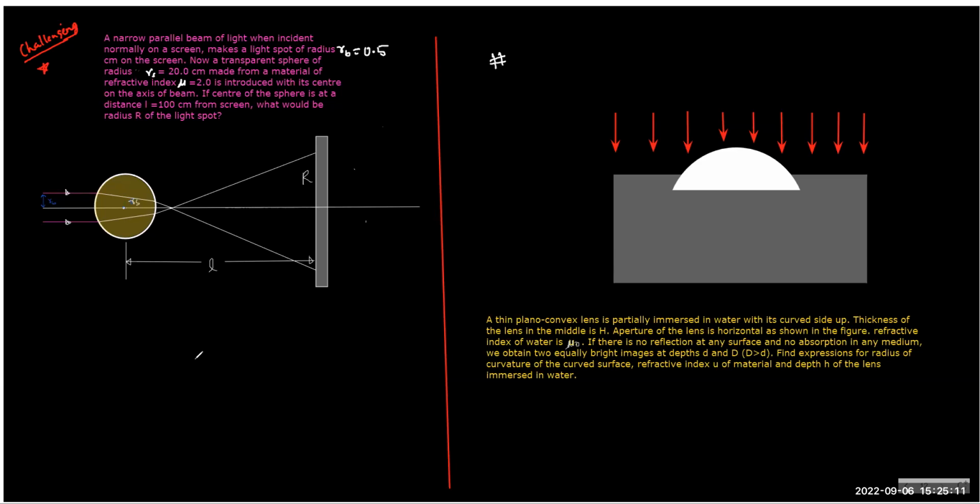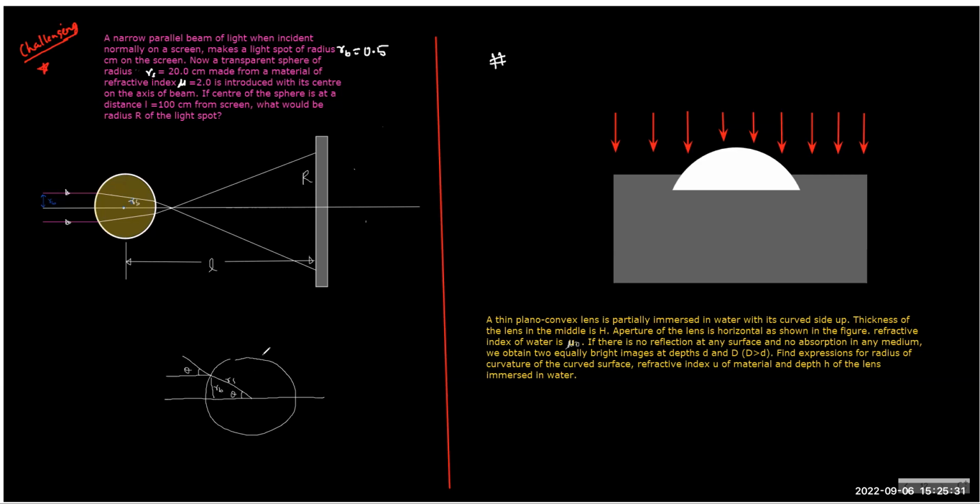Understood? Because if you draw a circle, I'll just give you a hint. If a ray is hitting like this, you can draw the normal like this. So this height is given to you, no? RB, and this is RS. So you get the angle of incidence, right?